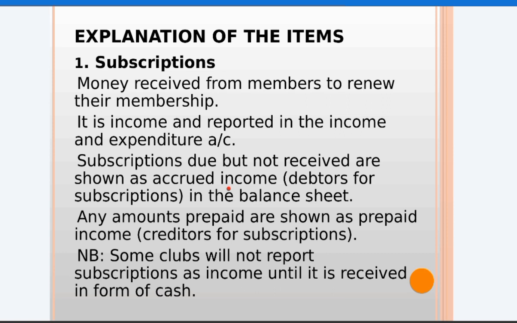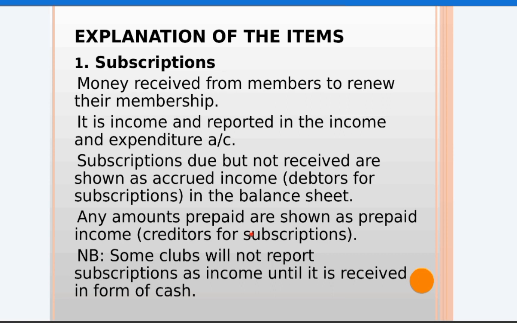And then, of course, if you have subscriptions which have been received in advance, then we call them creditors for subscriptions, and they will be treated as current liabilities in the balance sheet.